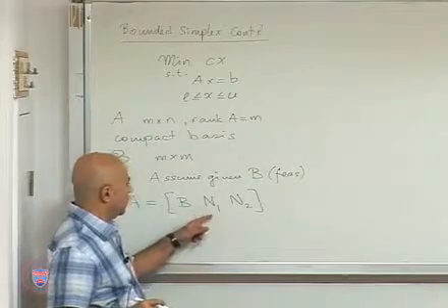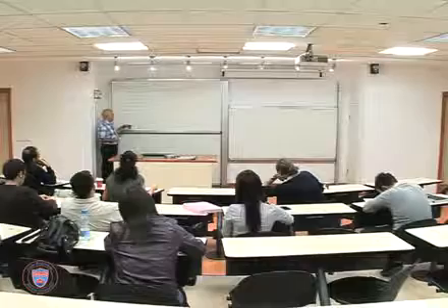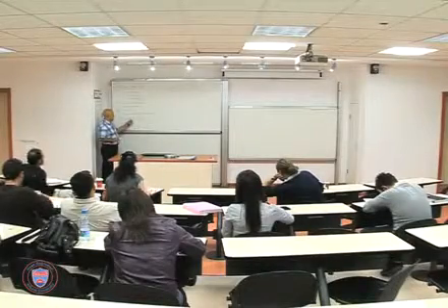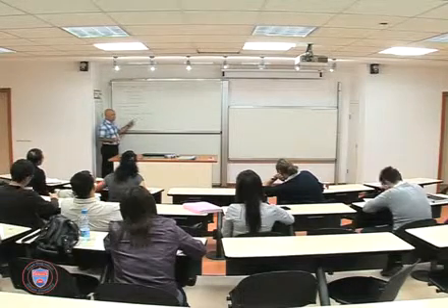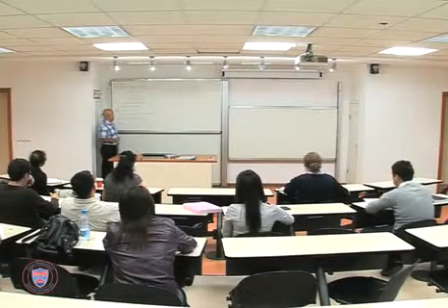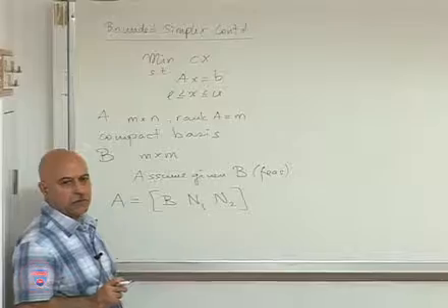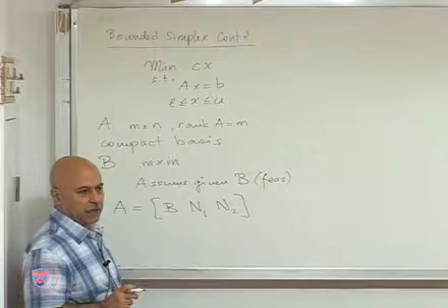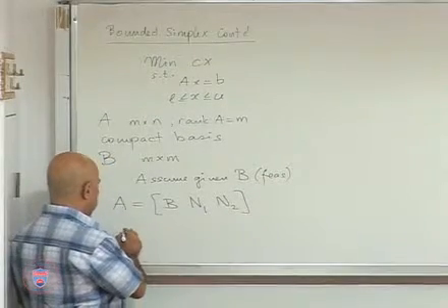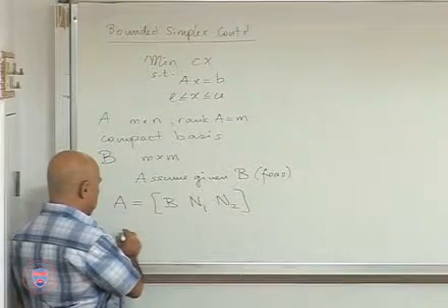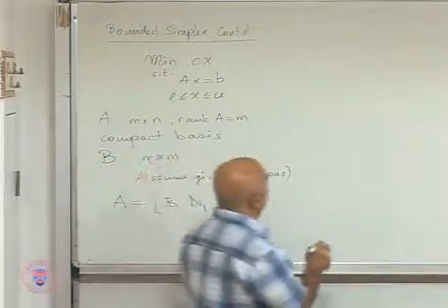N1 corresponds to those columns whose variables are set equal to the lower bounds, and N2 corresponds to the set of columns of the A matrix whose variables are set equal to the upper bounds. And x is partitioned in the same way.